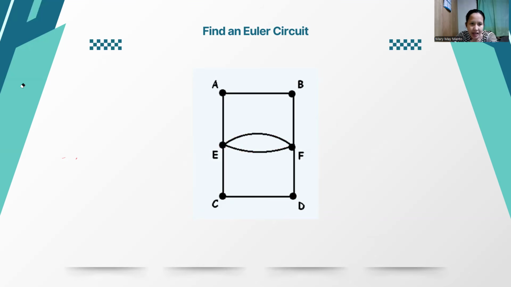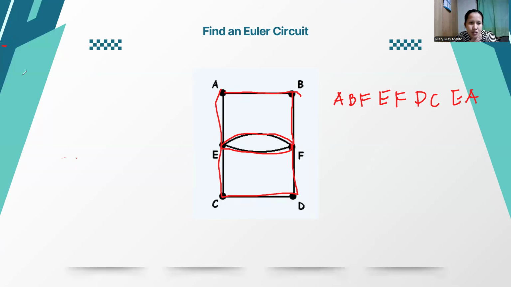You start at A. You start with A to B, to F, then to E, then to F again, and to D, C, and E, A. If we are going to write it: A, B, F, E, F again, D, C, E, and you go to A. So this one.